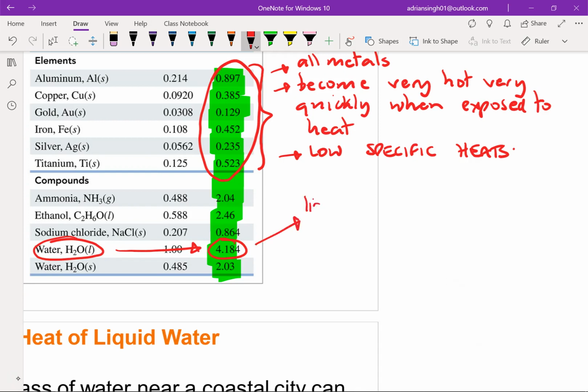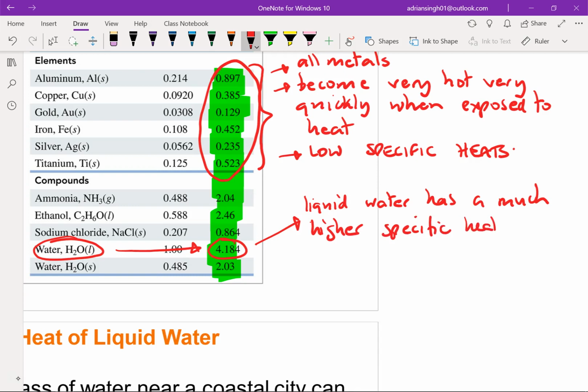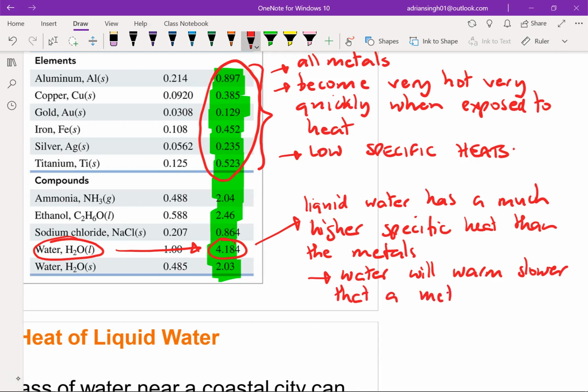So liquid water has a much higher specific heat than the metals, in other words. So what that suggests is that water will warm up slower than a metal, like the ones listed above, when both are exposed to the same amount of heat.